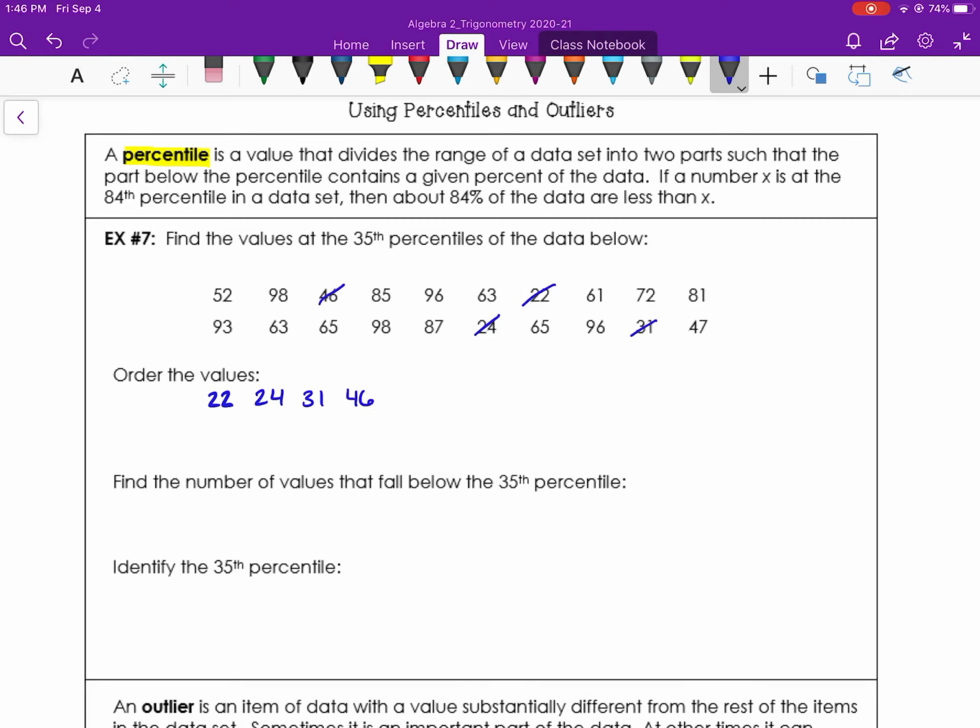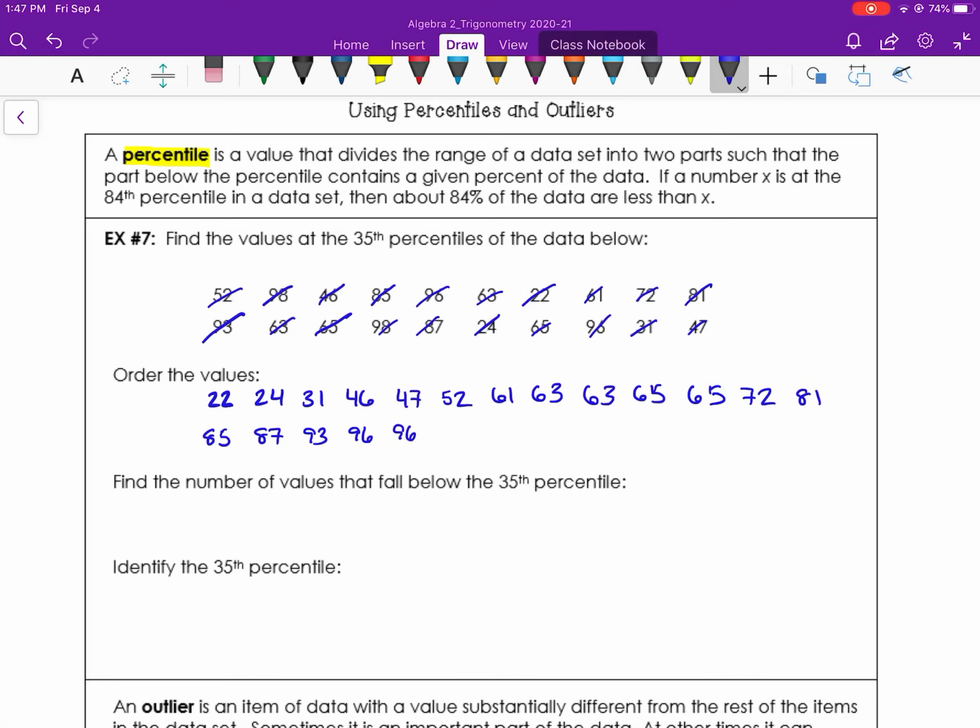And we got 46, 47, 52, 61, 63, 63 again, 65, 65 again, 72, 81, 85, 87, 93, 96, another 96, and 2 98s.